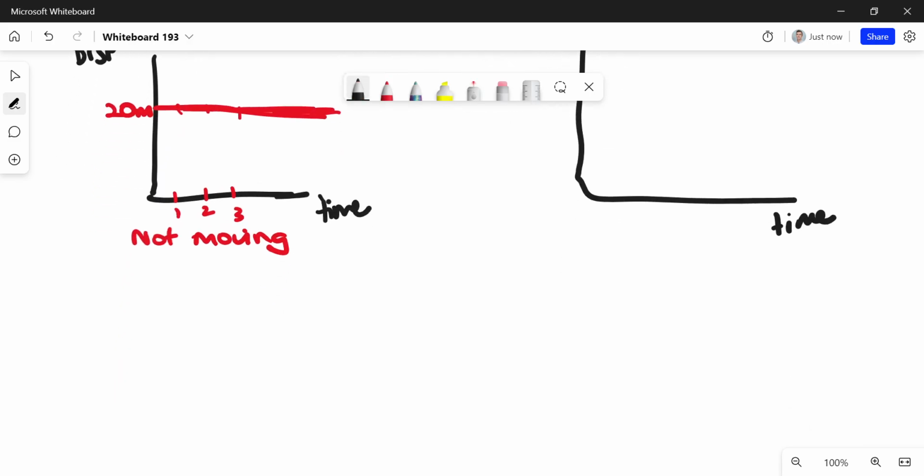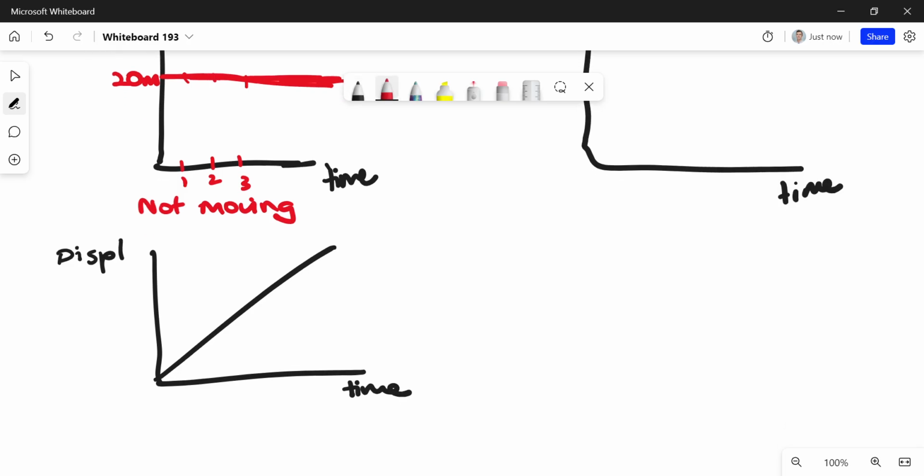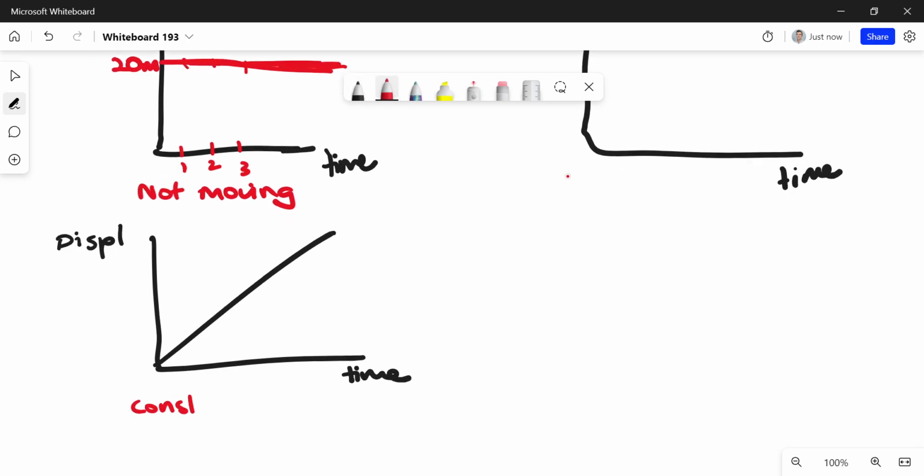If I look at another fairly basic example, where we have displacement and time again, this type of graph would be representing a constant velocity forwards. The reason we can say that is that firstly, this line is a straight line.